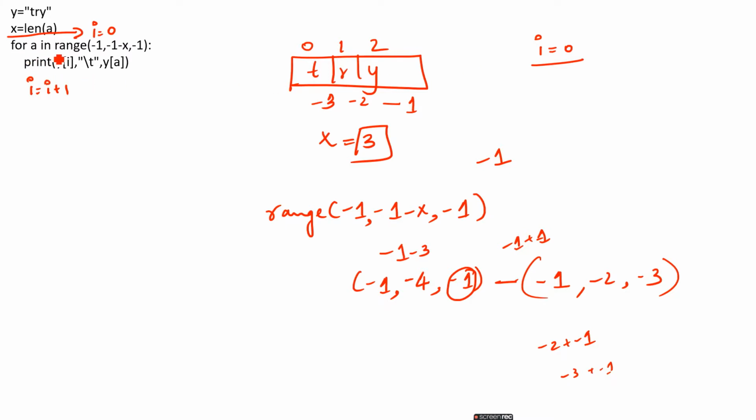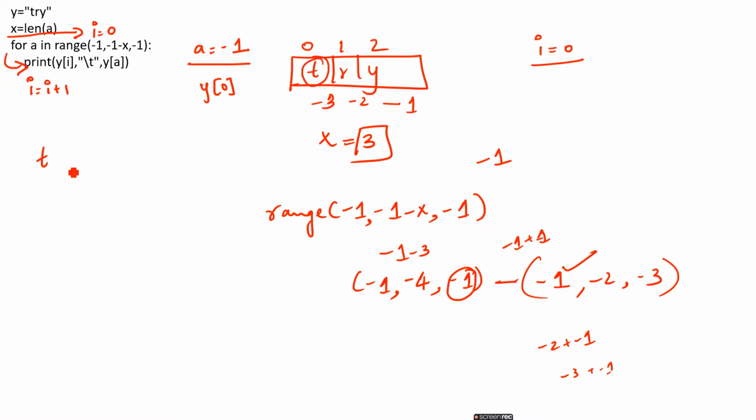For a in range, the first value from the range function is -1. So the value of a is -1. Now print y of i. What is the value of i? That is 0. So y of 0. What is y of 0? That is t. T is printed.